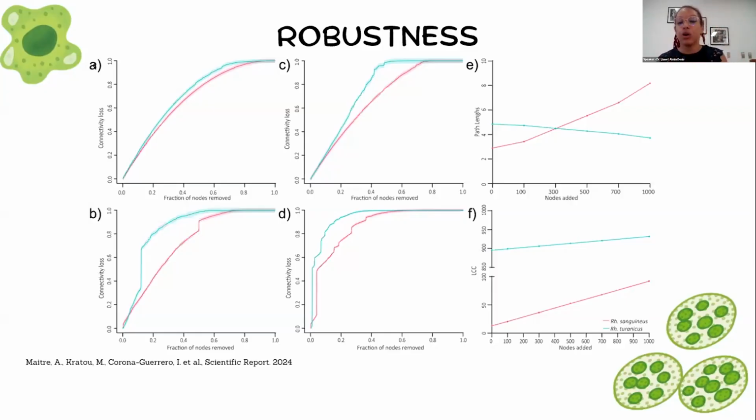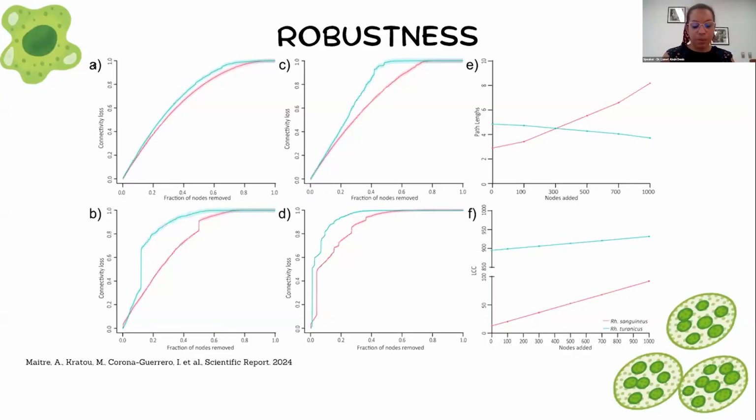And in the case of addition, they have a lower average path length and a higher largest connected component. That means that network is more susceptible, permissive, or easy to acquire new members in the community.